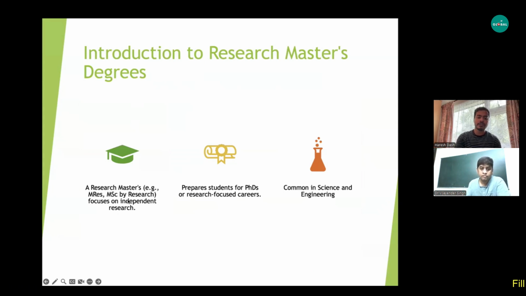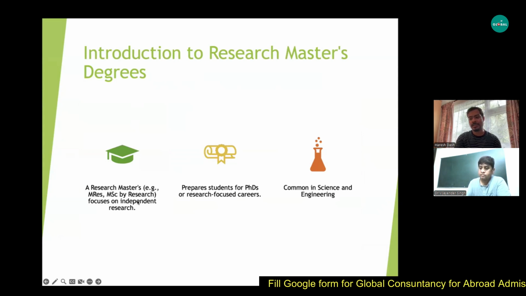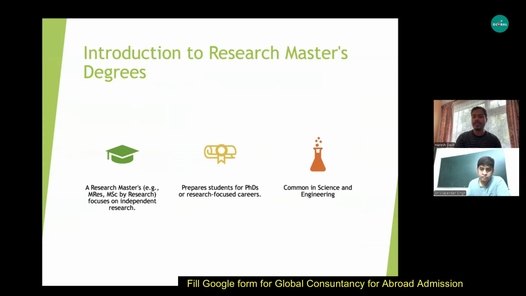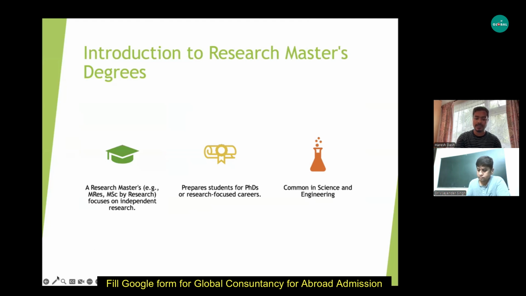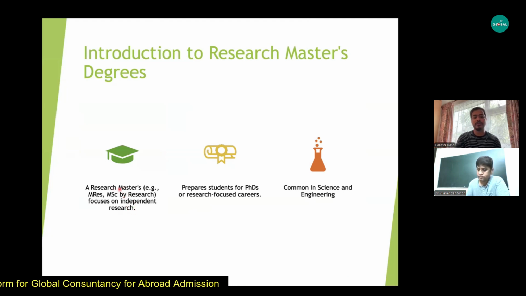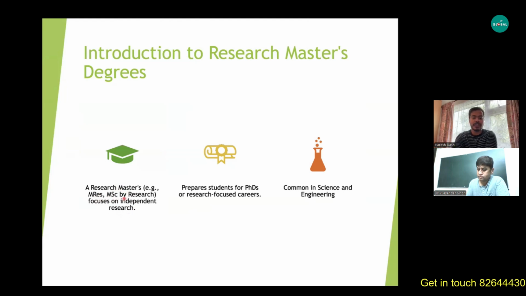Now, some questions may arise, like how it is different from a PhD then. It is not as intense as a PhD program, and the duration is also less than a regular PhD program. That is what basically a research master's is, and it can be called a master's of research or master's of science by research.